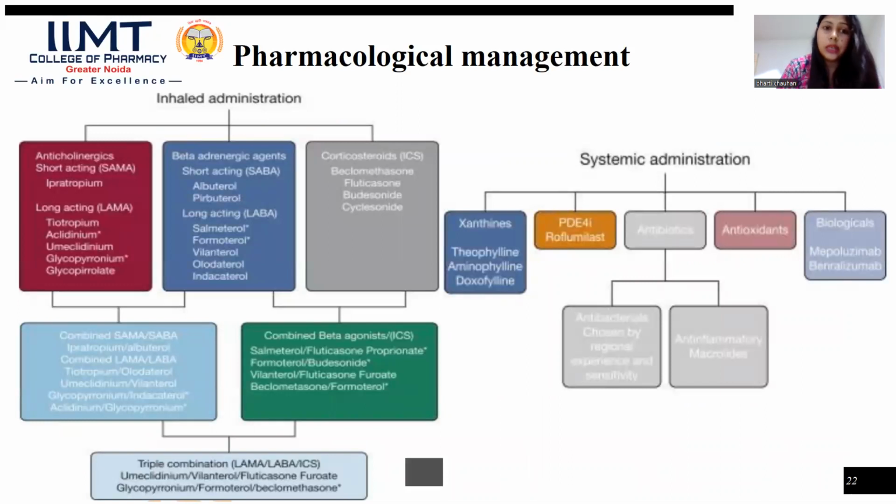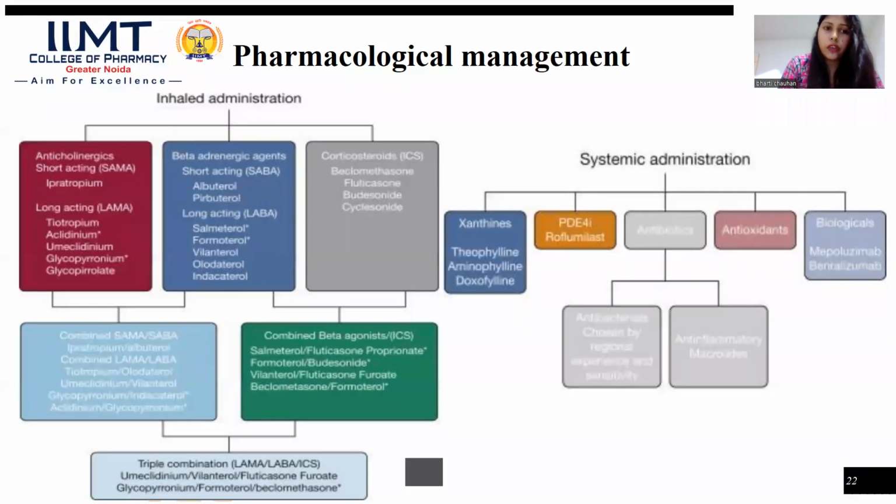For pharmacological management, there are various types of drugs that can be used in COPD. First are inhalation methods. Anticholinergics: we can use short-acting ipratropium, and tiotropium, aclidinium. Beta-adrenergic drugs: short-acting albuterol, pirbuterol, salmeterol. Corticosteroids are beclomethasone and fluticasone. These are the steroids that can be used for the treatment of COPD.